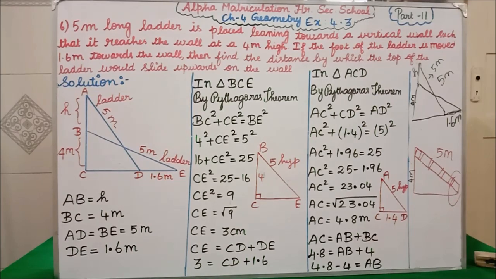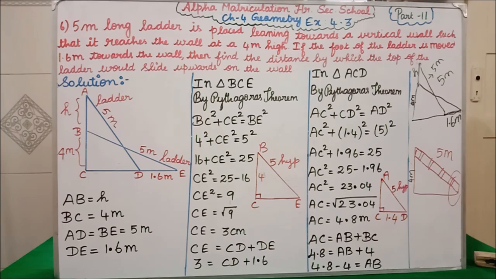I have written what is given, everything I have taken, here. AB distance is what? h. We don't know that height, so I have taken h. BC, what height is the wall? 4 meters, so I have written 4 meter. Next, AD is equal to BE is equal to 5 meter, because both are the ladder. The ladder length will not increase.